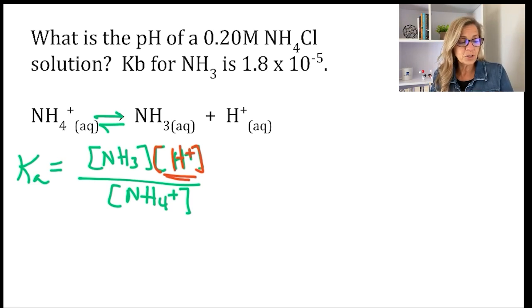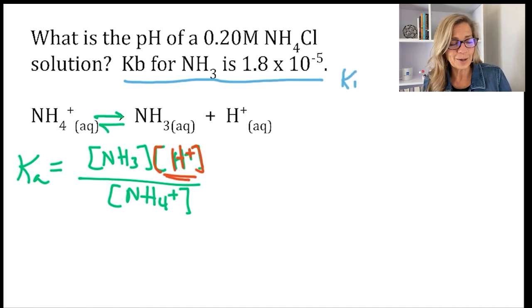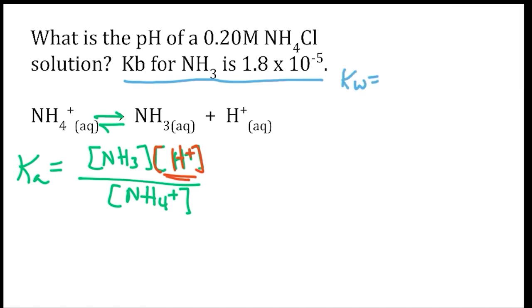Now I know the Kb for ammonia, and you say, well, this isn't ammonia, this is ammonium. I know, but they're related. I don't know if you remember this, that the Kw of water, which is 1 times 10 to the negative 14th, is equal to the Ka times the Kb.